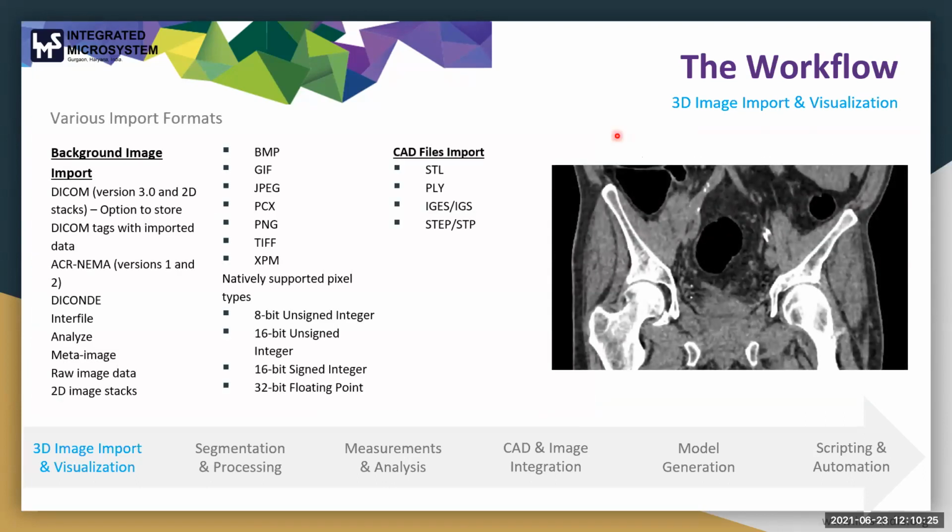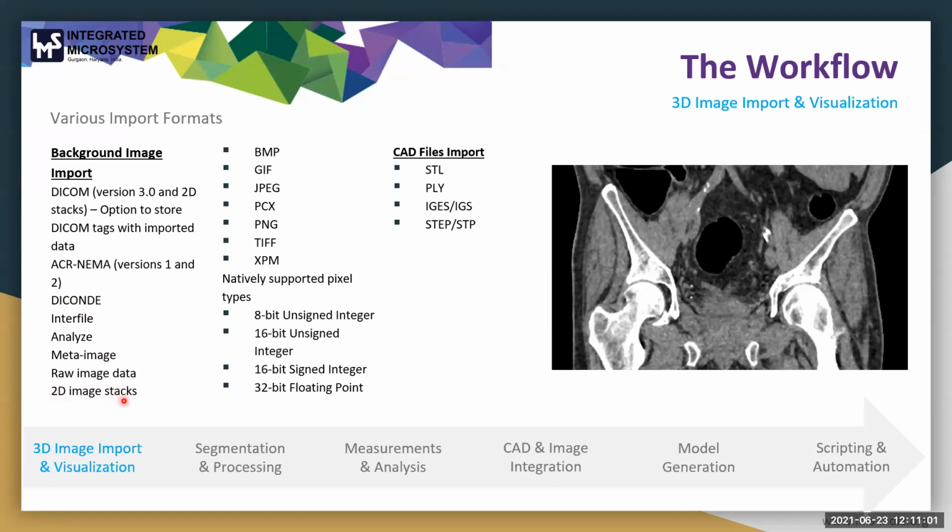These are various import formats for typical medical image processing software. DICOM is a widely used image format that is imported into the software for processing. DICOM tags also come along with it, which carry data regarding the image extent, spacing, orientation, patient information, etc. DICONDE is also used for non-destructive evaluation in materials and manufacturing applications.